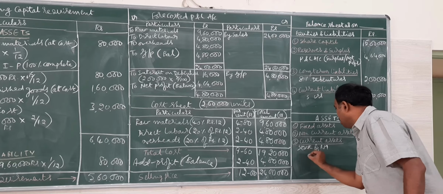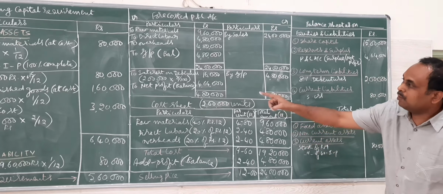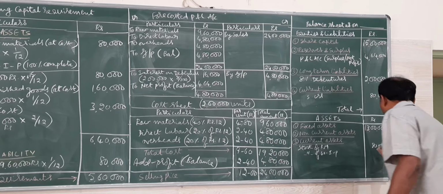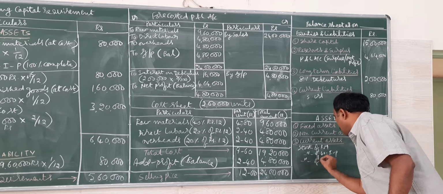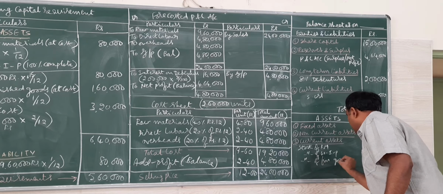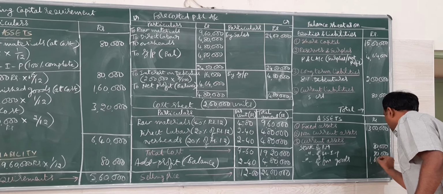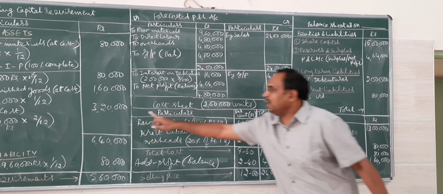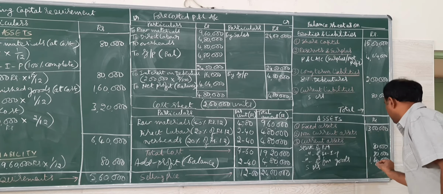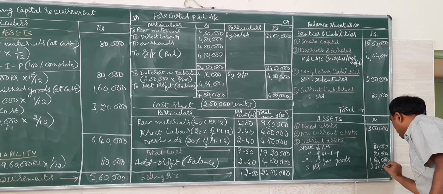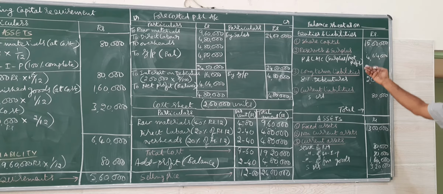Then stock of work in progress, 80,000. Then stock of finished goods, 1,60,000. Then I have sundry debtors, 3,20,000. Then I have to total both sides of the balance sheet, liabilities and assets.